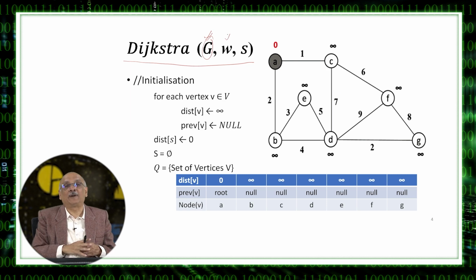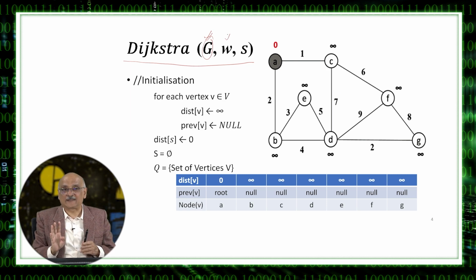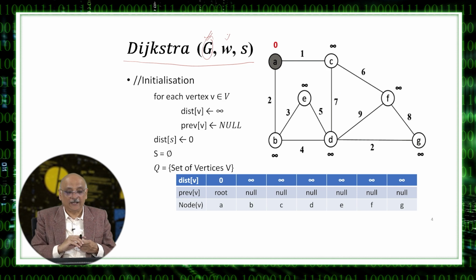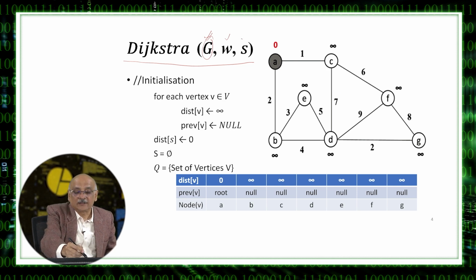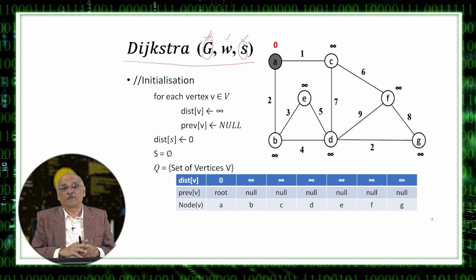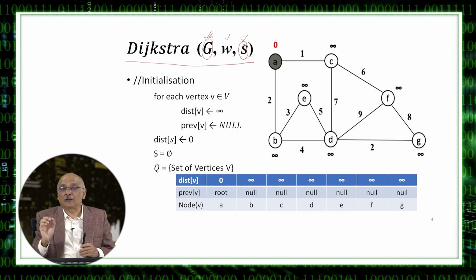W basically defines the set of weights between various edges. Then comes the start vertex, the vertex from which we are starting the entire algorithm.